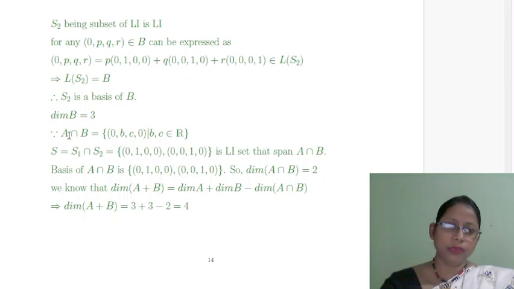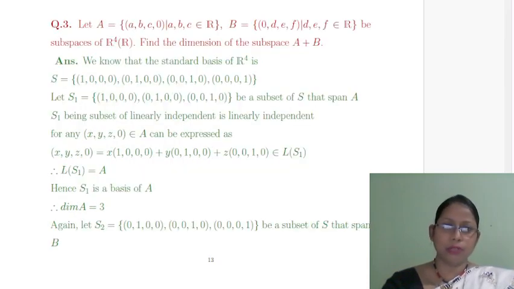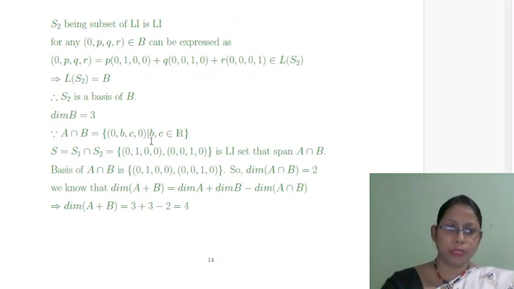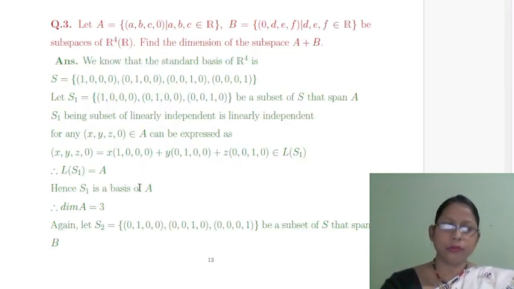Again, you can check what will be the elements in A intersection B. In A intersection B, we will have the collection of all elements in A and B, where the first coordinate is 0 as in B and the last coordinate is 0 as in A. The elements of A intersection B will be of the form 0, b, c, 0, where b, c belong to R. S equals S1 intersection S2, where S1 is this set of vectors and S2 is this set of vectors.